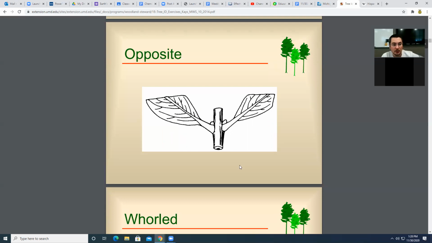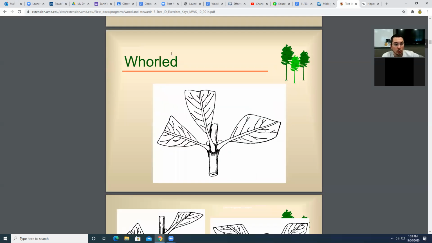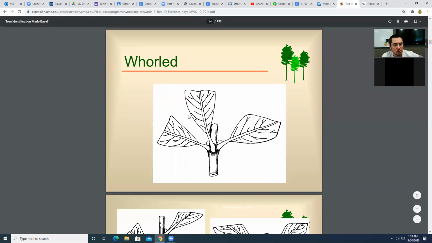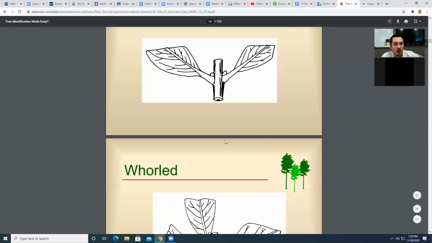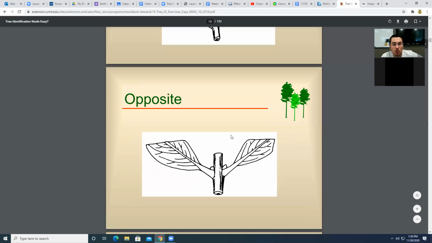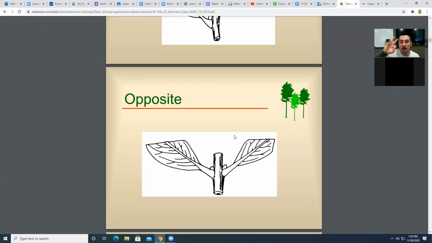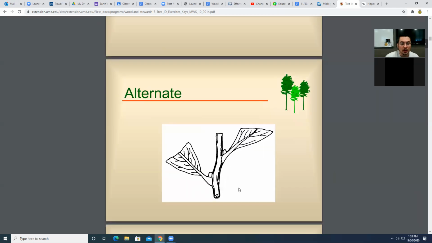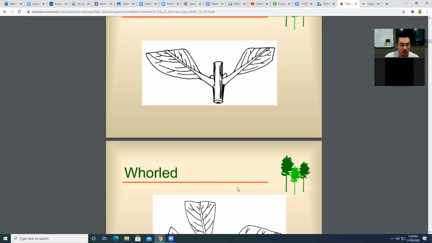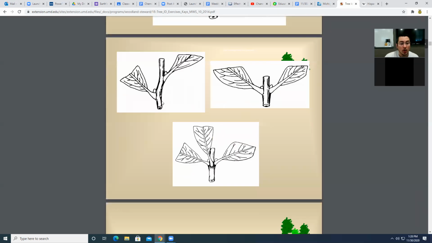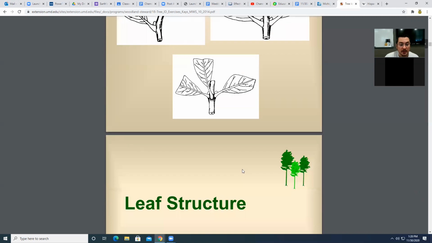There is a big difference. Or there is a third kind called whorled, but these are more bushes and shrubs. The 3 types of trees you're looking for, maple, oak, and walnut, are all going to have either opposite or alternate budding or branching. So we need to know the difference between those and be able to identify them.